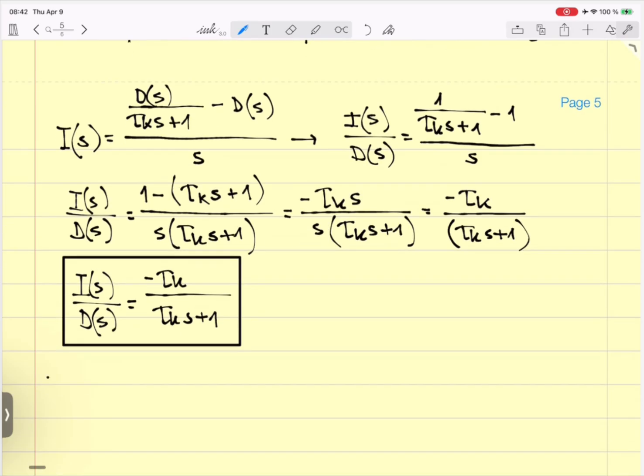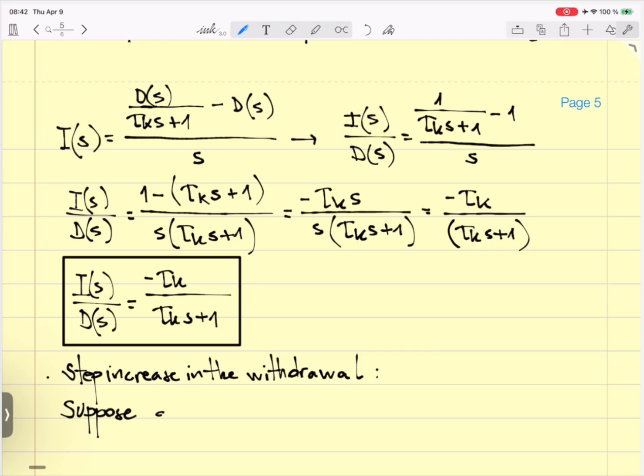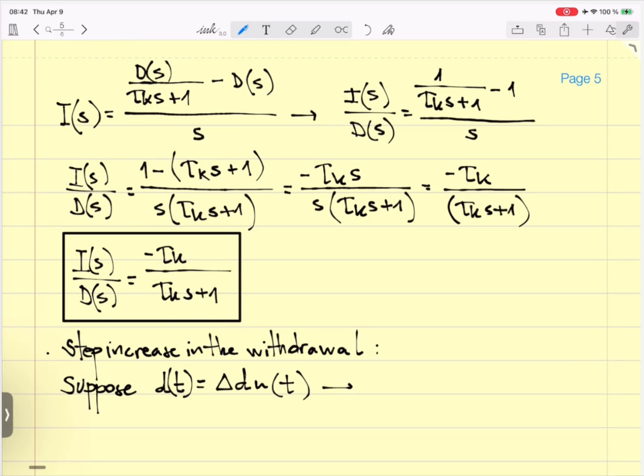If we have a step increase in the withdrawal, some customer comes and takes 10 yogurts at a time. Okay, so suppose d of t equals some step increase, just as before. Then d of s, applying Laplace, equals delta d divided by s.